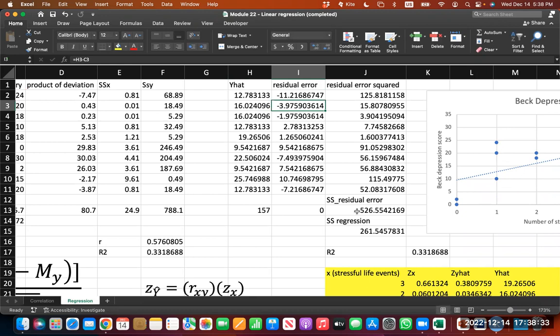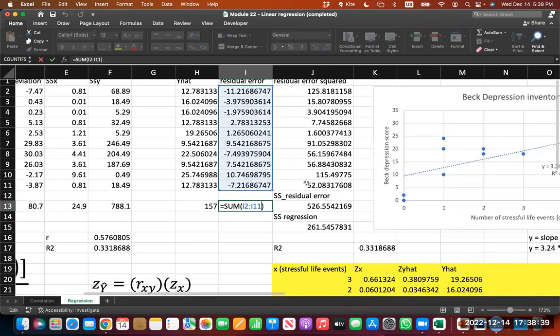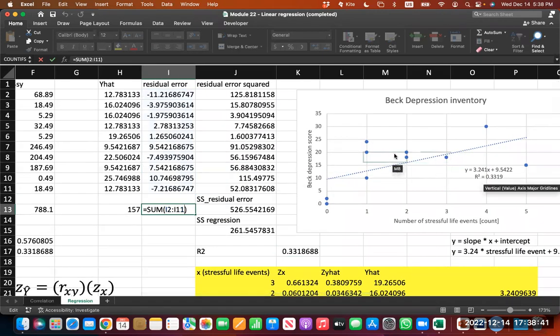And if you sum this up, that's 0. Why is it 0? Because it's fitted through. And by using this method, we're using a method that is called the least square method. The least square method is basically we're minimizing the squared deviations.